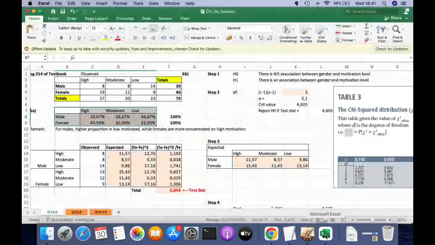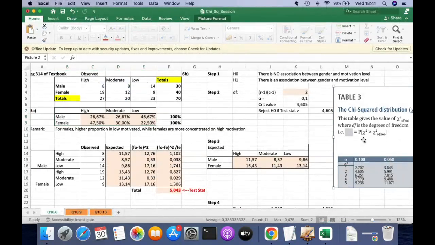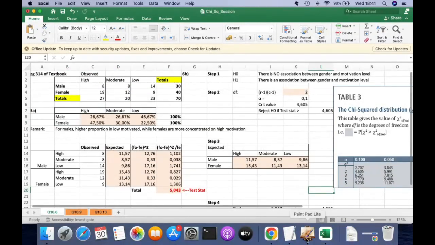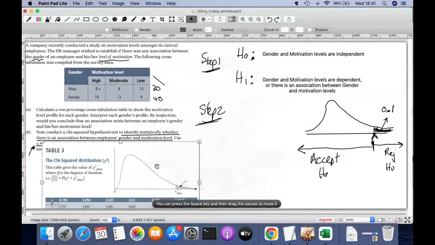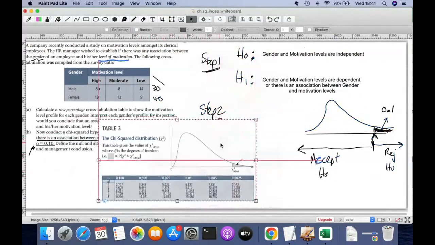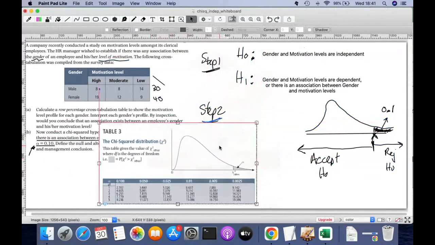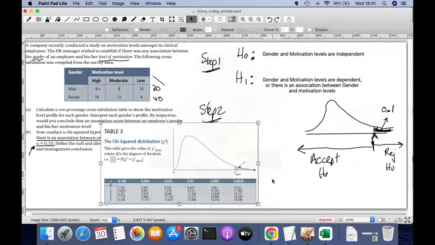And I actually have it. It's in the back of your book. It's table 3. Let me just paste it to give you some context. Here's your table. I just took a little screenshot of it. Now, what it's showing you here, if you look at the graph, can everyone see this?